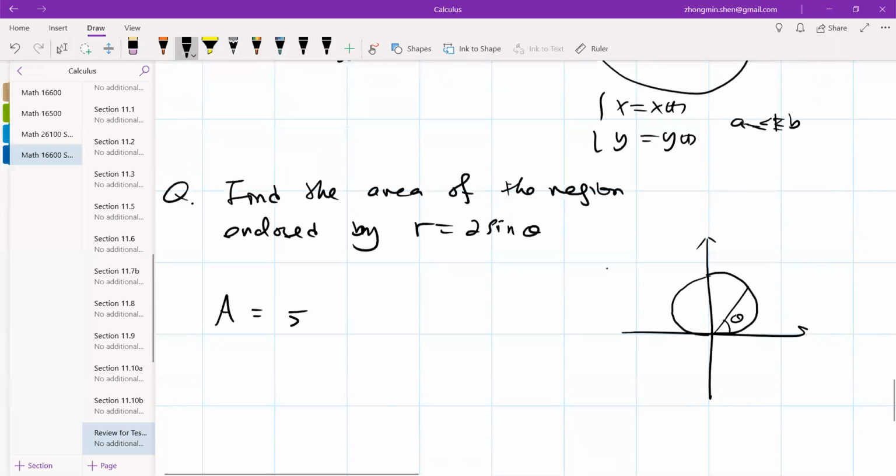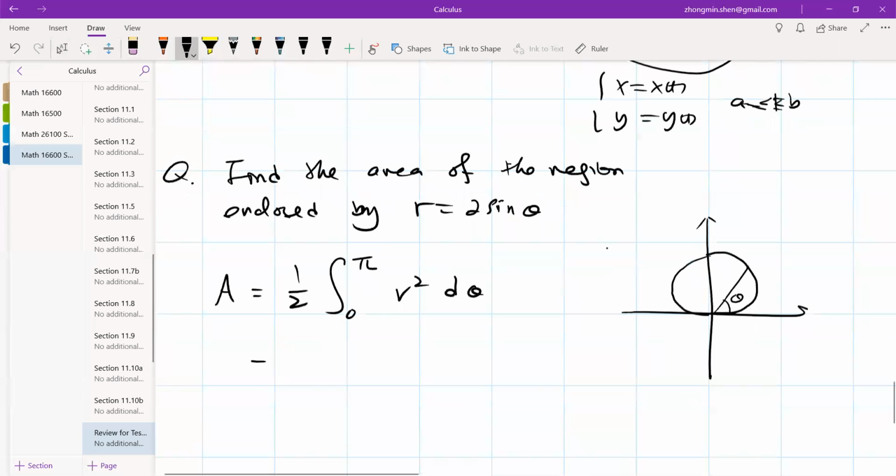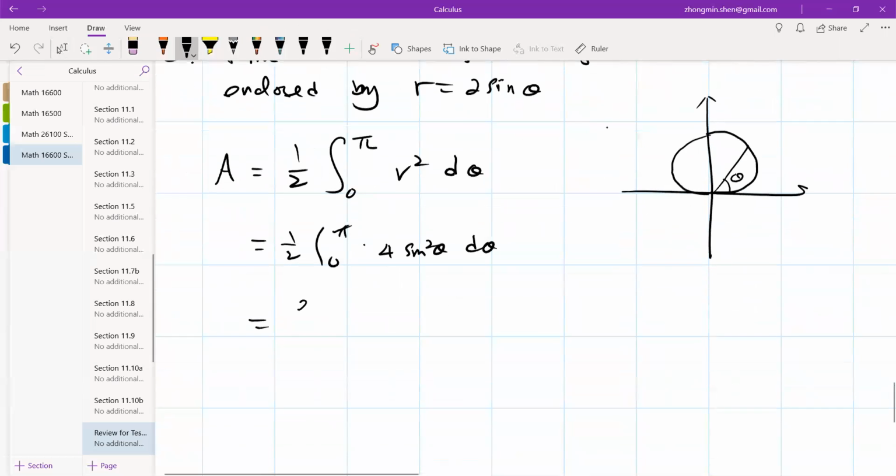So the area is going to be half of the integral from 0 to pi, not from 0 to 2 pi, of r squared d theta. If you convert it to Cartesian equations, you say, oh, that's just a circle, and I know the area is going to be pi immediately. You can do that, no problem. So that's the integral of 4 sine squared theta d theta, and let's simplify it.